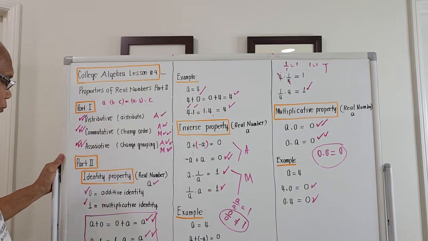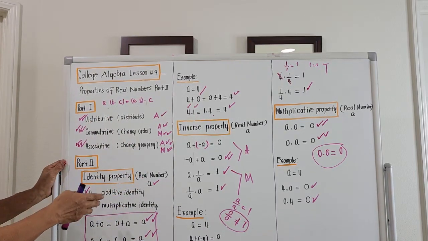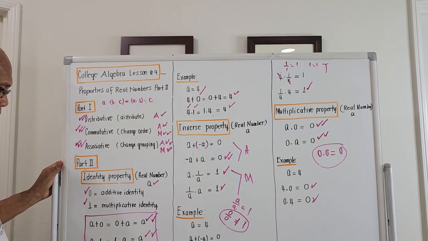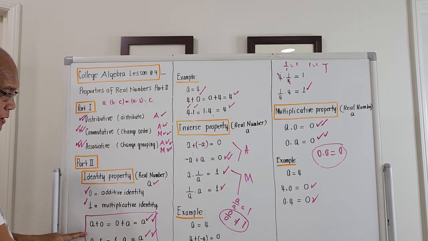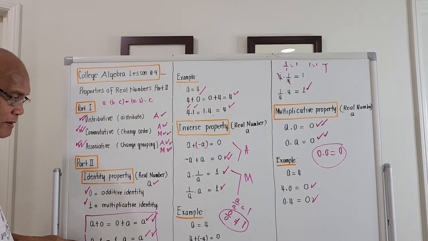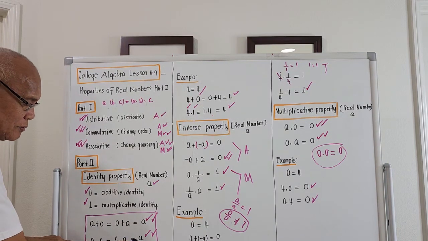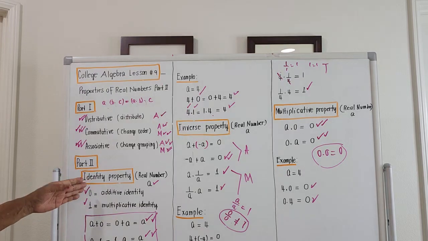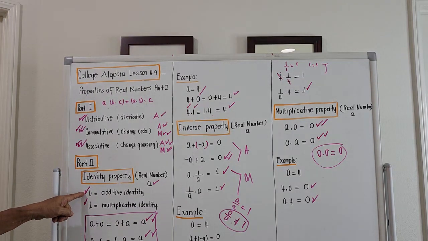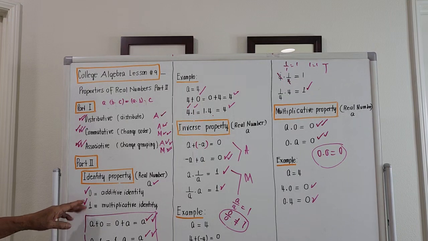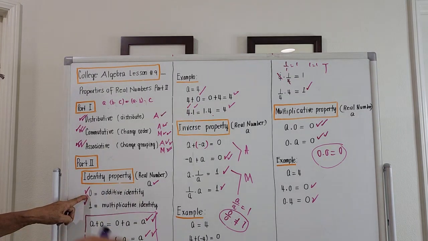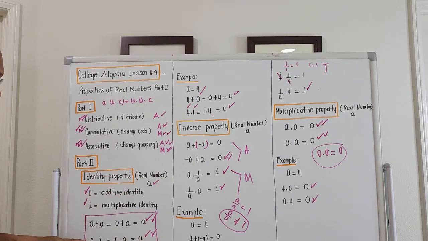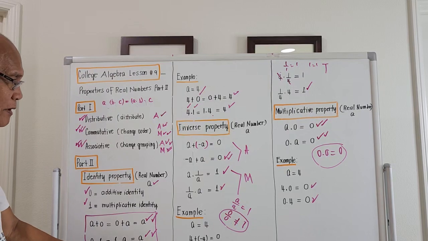And under the so-called identity property, a plus 0 will be a, and a times 1 will be equal to a. So under the identity property, 0 is very important and 1 is very important. If you add 0 to any real number, that real number will still be the same. And under multiplication, any real number multiplied by 1 will still be that real number.